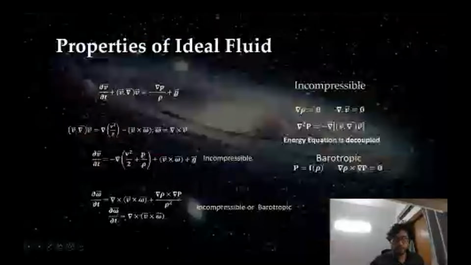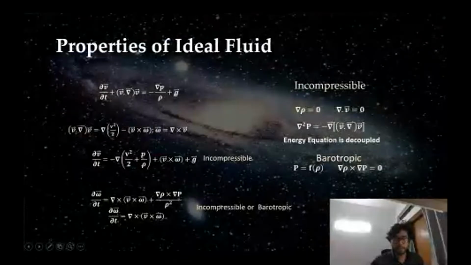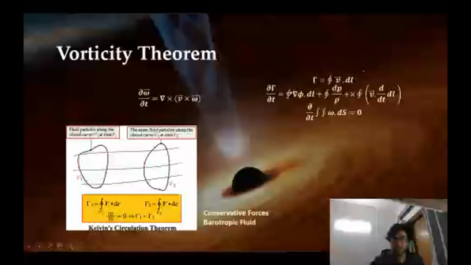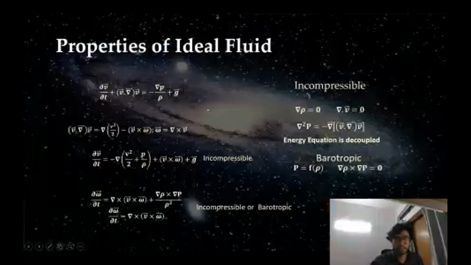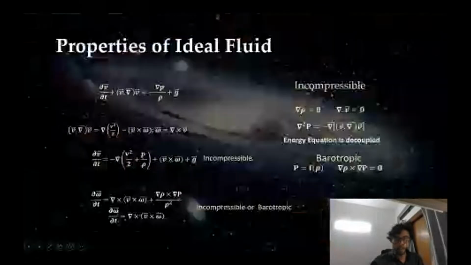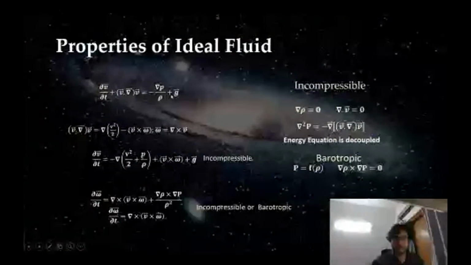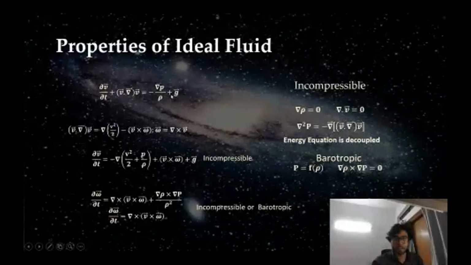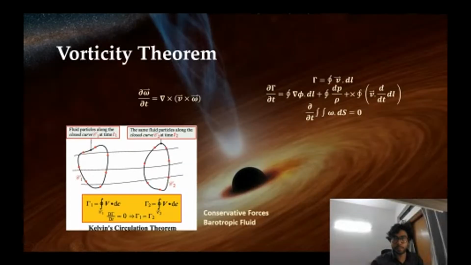This G can be expressed in terms of del phi, as I said, because it's a conservative force. So you have integration over del phi dot dl. That will come from this term. And from this del p by rho term, you will get del p dot dl, which is basically dp by rho, a closed integral.